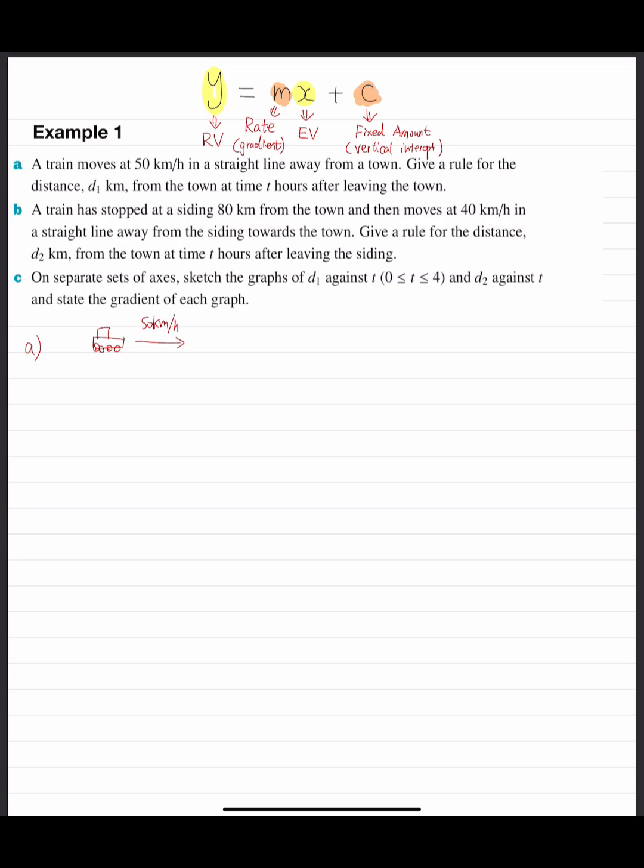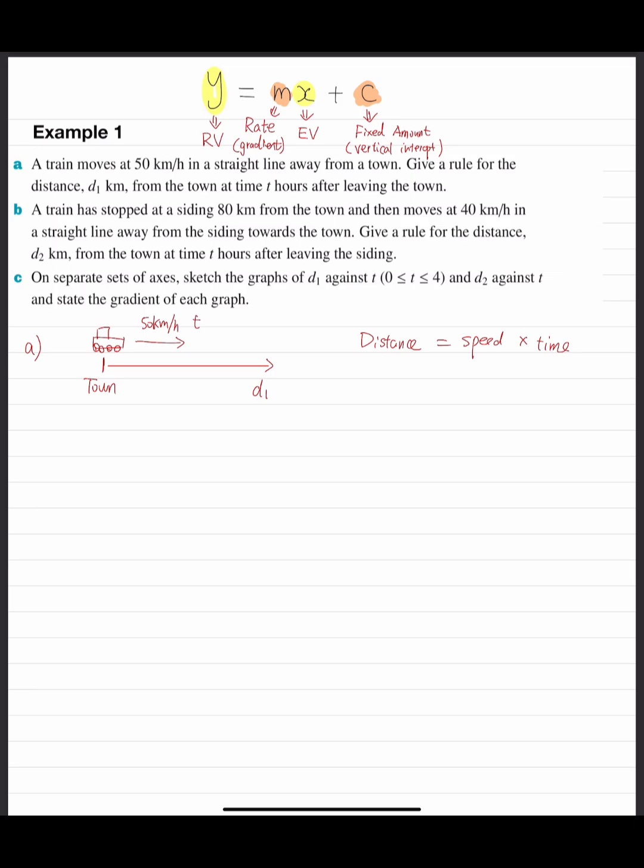Here you start at the town. d1 is measured along the direction that the train travels. We know that distance equals speed times the time it took.